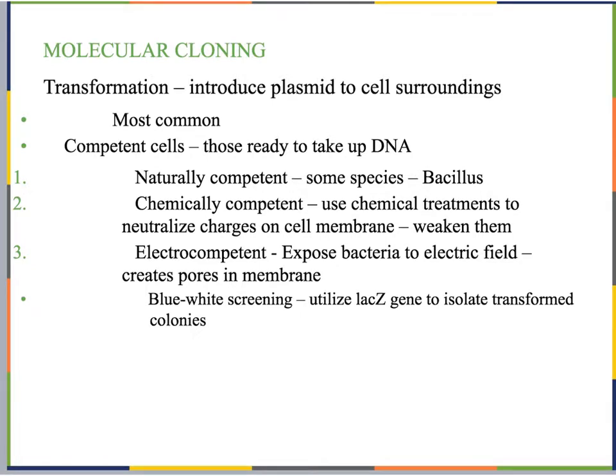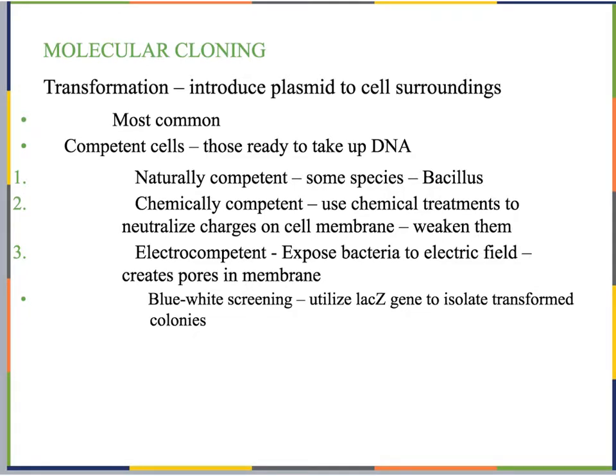So those are some important pieces of our plasmid that we would be using for molecular cloning. So we cut our plasmid, we put in, say, our insulin gene, and then now we're going to put our plasmid into a cell. When we do that, that is transformation.